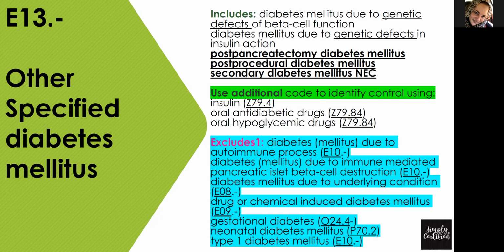Type 1 has a specific code for that, so you wouldn't code it here anyway. This is talking about genetic defects of beta cell function, genetic defects in insulin action, and other kinds of genetic defects that wouldn't fit into any other category. And of course, it needs to be documented, right? I mean, you can't just pull it out of nowhere.